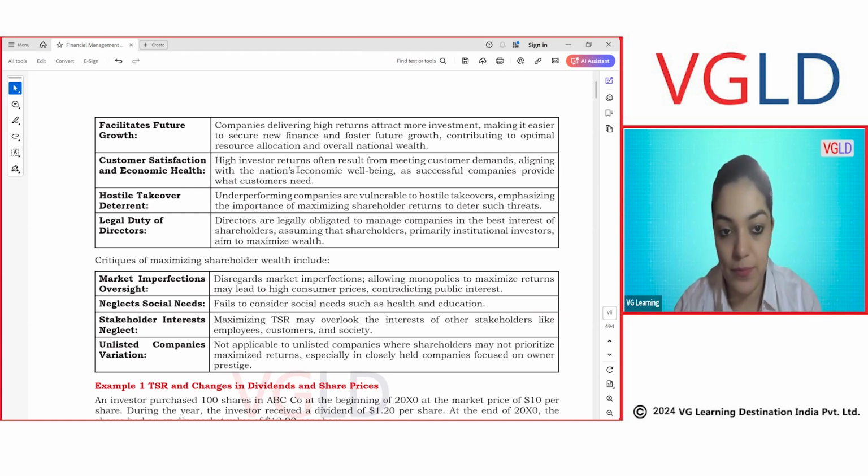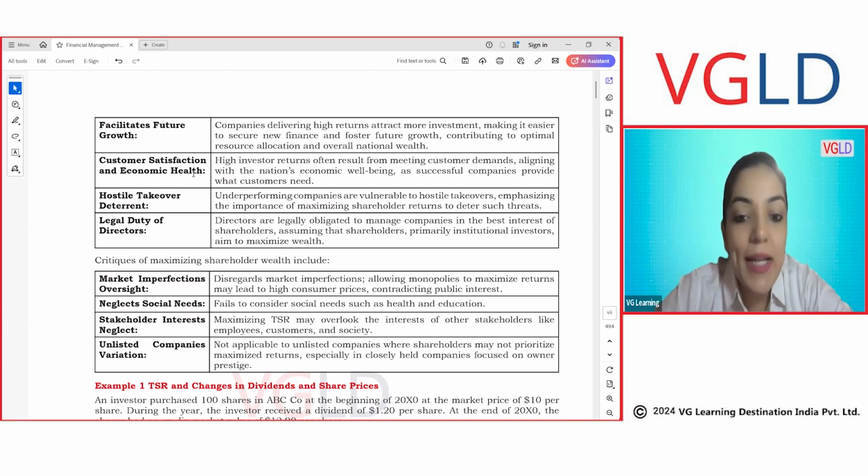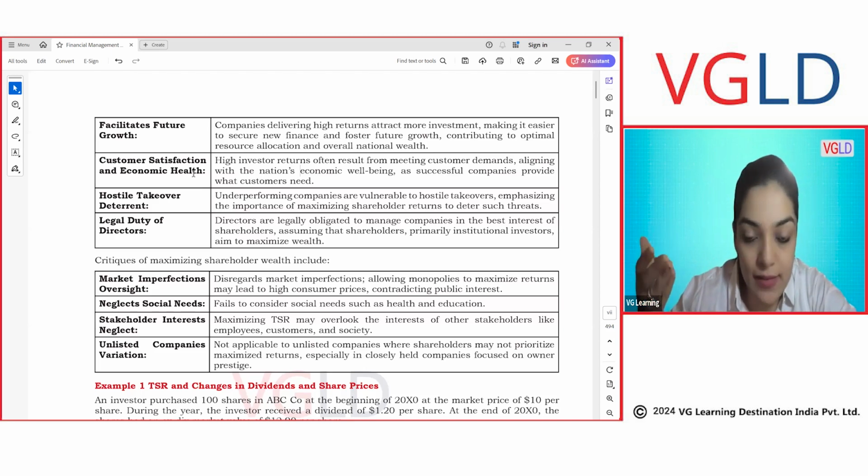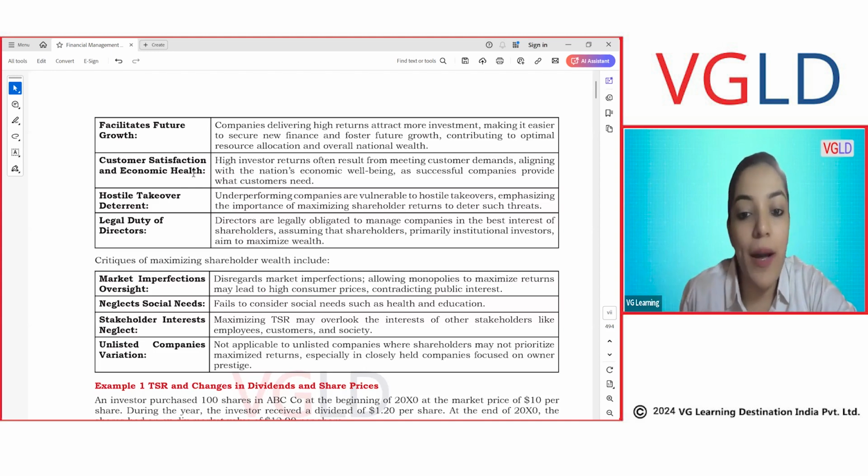Okay. So when you try to maximize the shareholder wealth, that means the share prices increase, it becomes expensive for the other company to acquire your shares. And therefore, it deters, that means it pushes back the possibility of a hostile takeover.